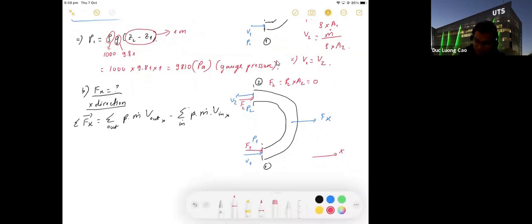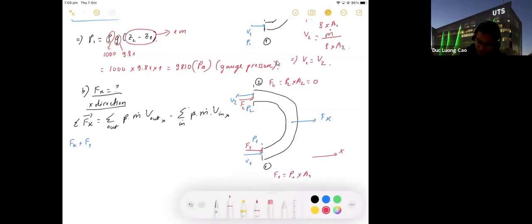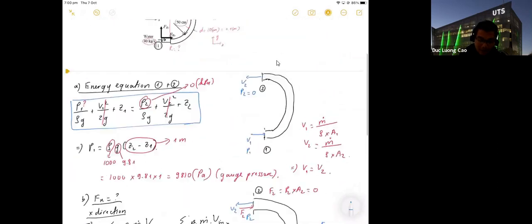Okay, so on the left hand side we will have Fx plus F1, with F1 equal to pressure P1 times area A1 is the pressure force, equal to the right hand side, beta.